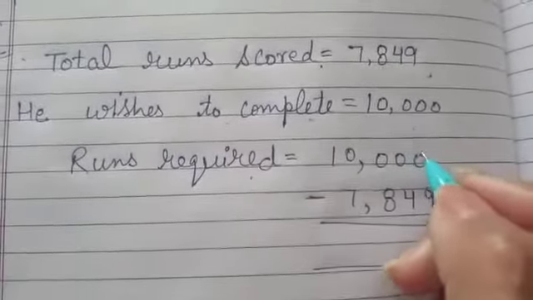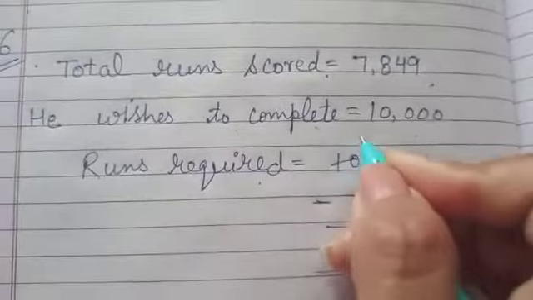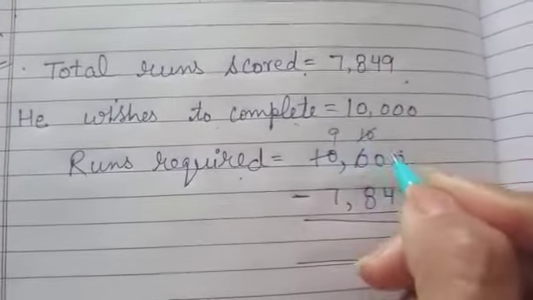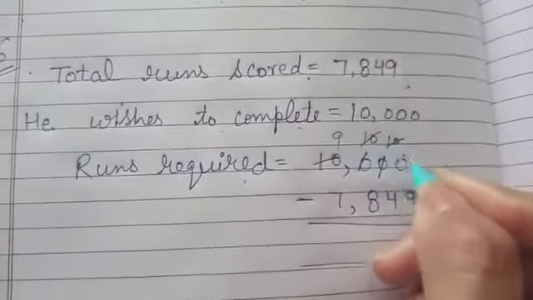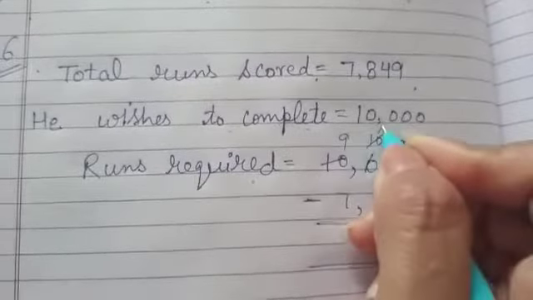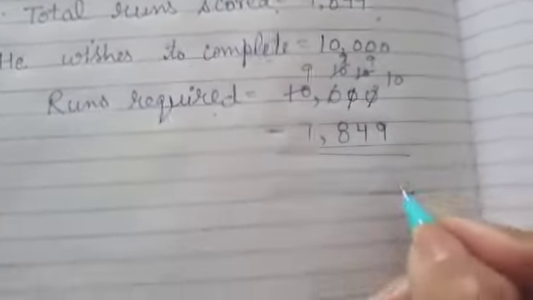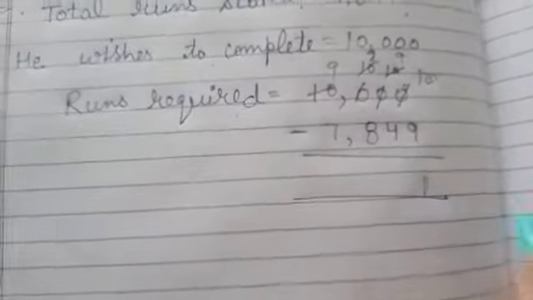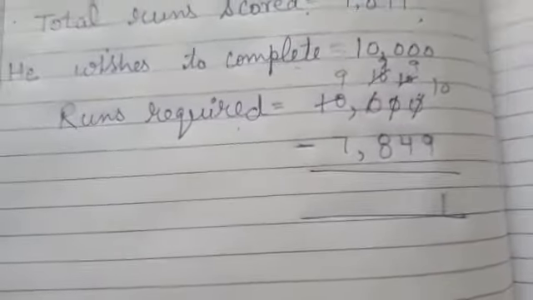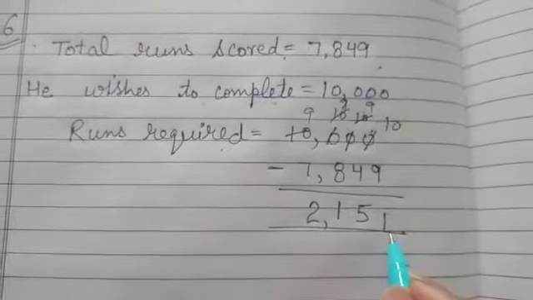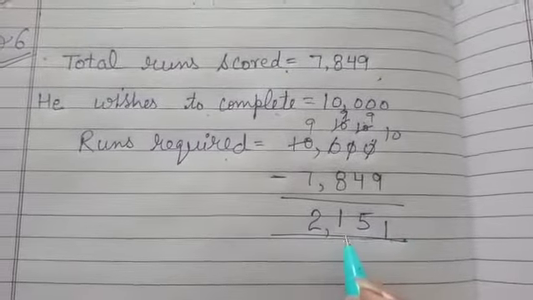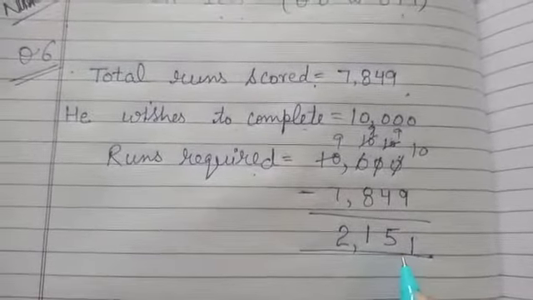So now we will subtract it. After subtraction you will get this much amount, these runs are required to complete the target.